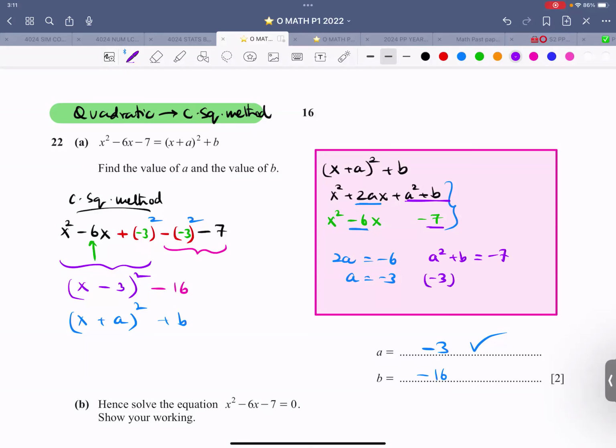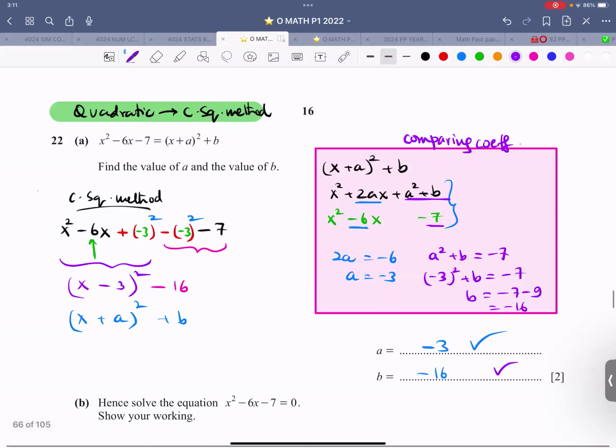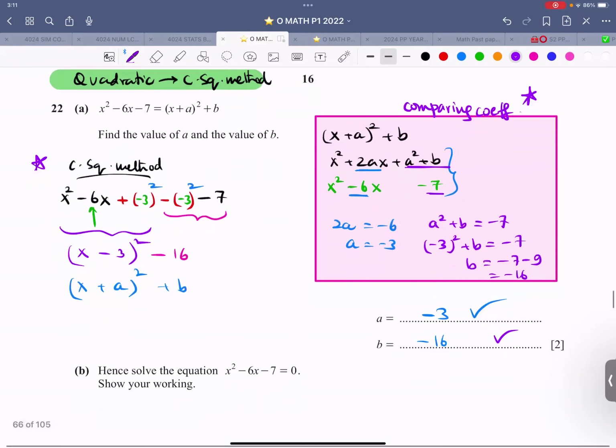A square is -3 square plus b is -7. So therefore, b is, this is +9, goes on the other side, -7 -9, which is -16. So that is perfectly fine. So this is basically applying the concept of comparing coefficients. So your choice, either this method, or this method, both are acceptable.